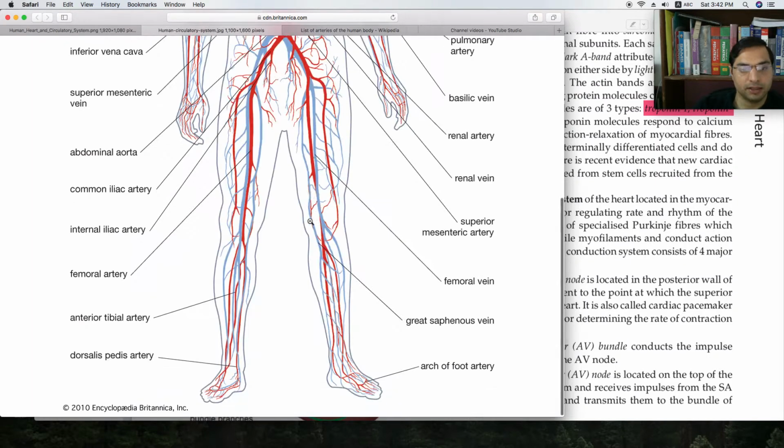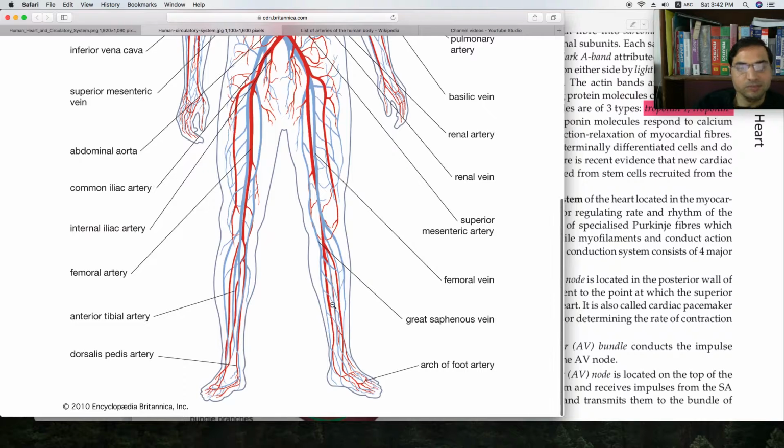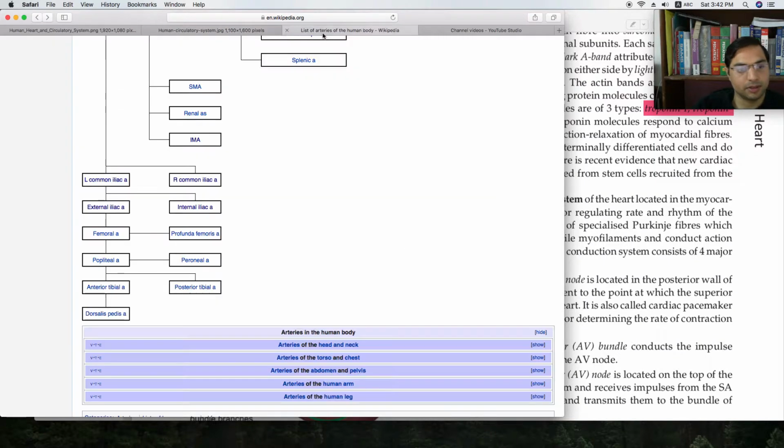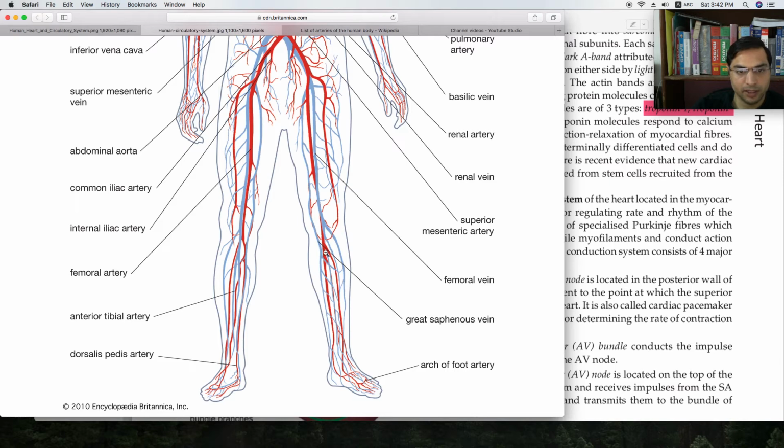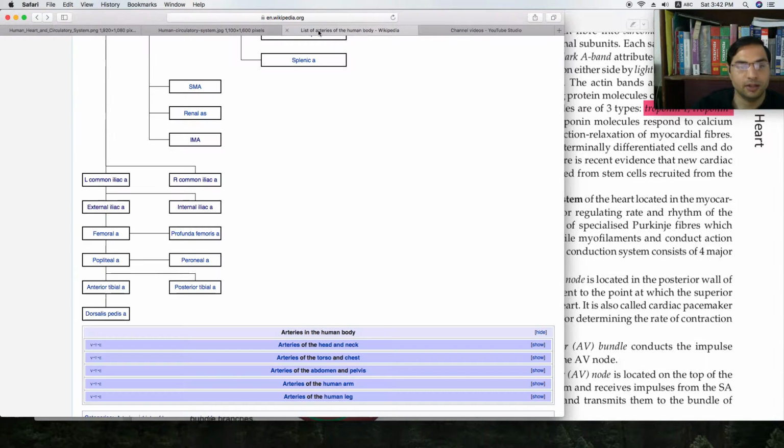The popliteal artery is coming down. Now at the level of the ankle, it gives one at the back side, the posterior side, called the posterior tibial artery, and at the anterior side it is called the anterior tibial artery, right.